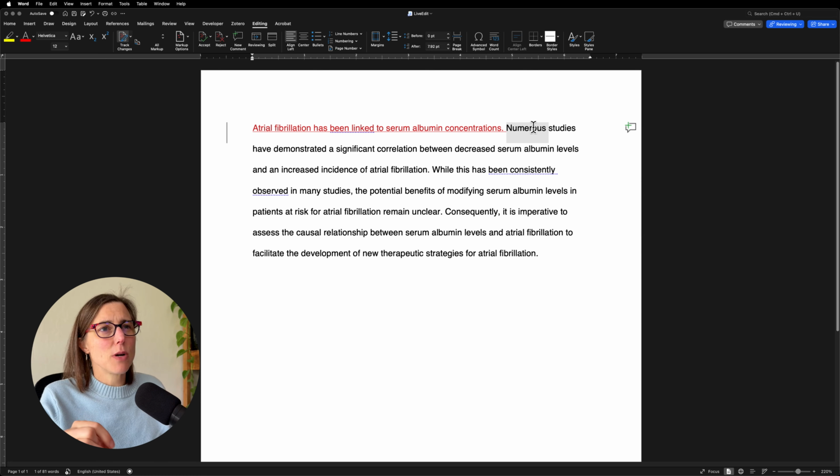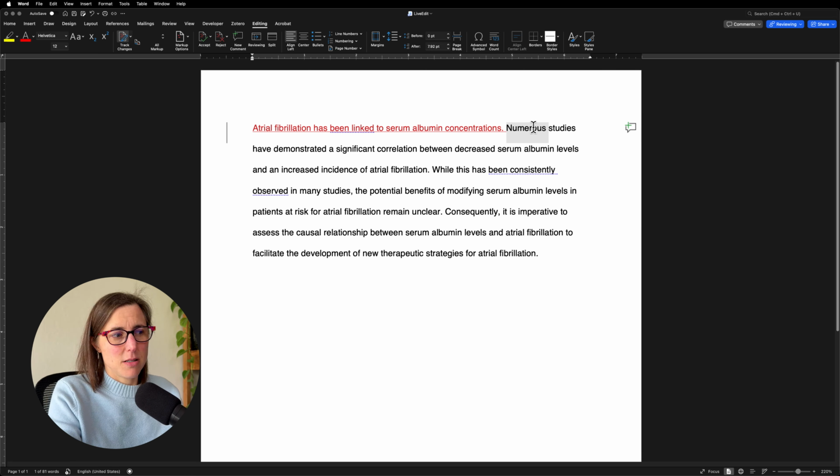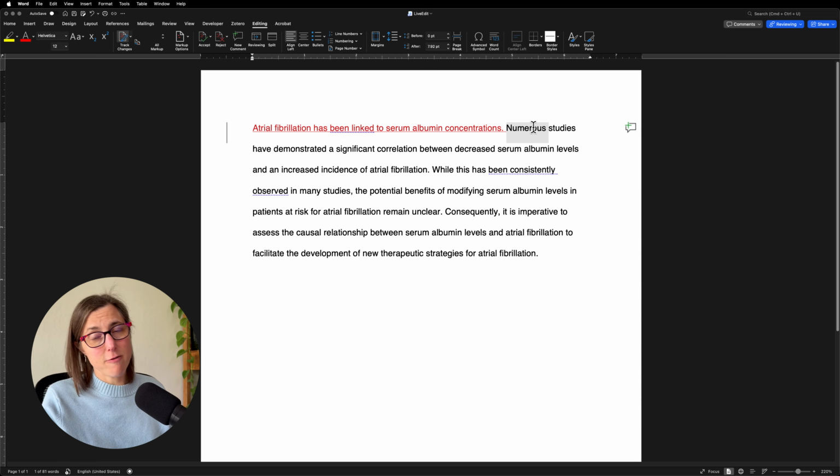The other thing is starting the sentence with the subject of numerous studies and then getting into what those studies found. Readers care more about what was found than that many studies found them. So I would encourage you not to start your sentences with things like numerous studies or research has shown or studies have found, and just get right to the data.